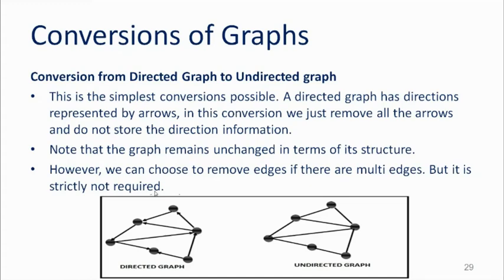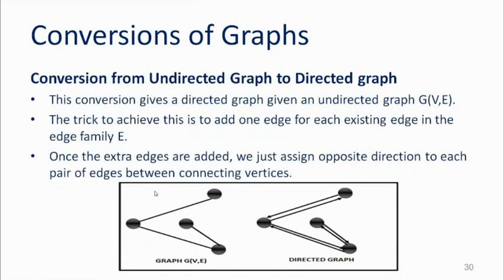Just like that you will mention it. So note that the graph remains unchanged in terms of its structure. Even though you change from directed to undirected, the structure will not change. However, we can choose to remove edges if there are multi-edges, but it is strictly not required. This is the simple conversion of directed to undirected.